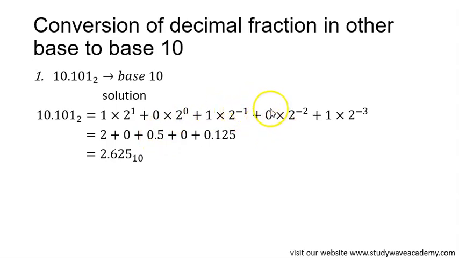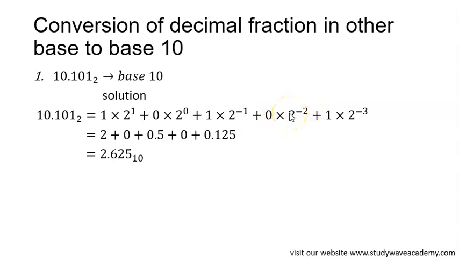Plus, you have here 0 times 2 raised to power minus 2. You apply the negative exponent law, so here you have 1 over 2 raised to power 2, which is 1 over 4, because 2 times 2 is 4. When you divide 1 over 4, you are going to have 0.25, and 0 times 0.25 is 0.